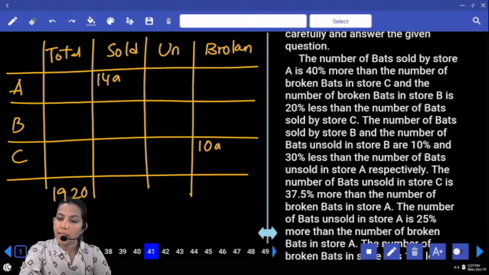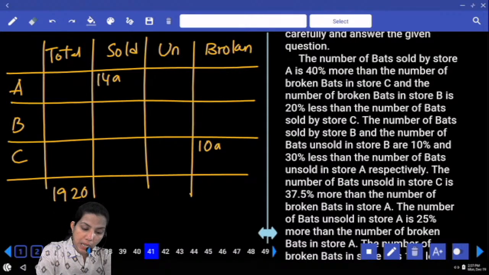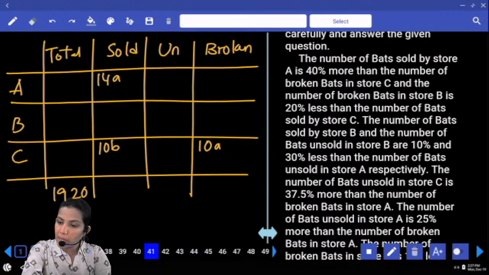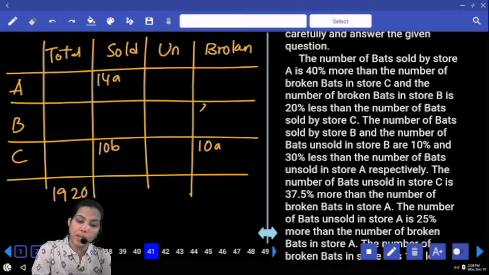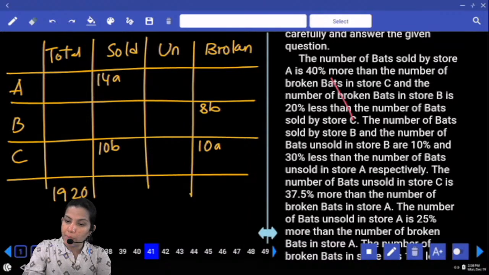Next, the number of broken bats in store B is 20% less than the number of bats sold in store C. Compared to C sold, since we already used one variable, another variable will be used, 10B. So it is 8B. Up to here we have completed.